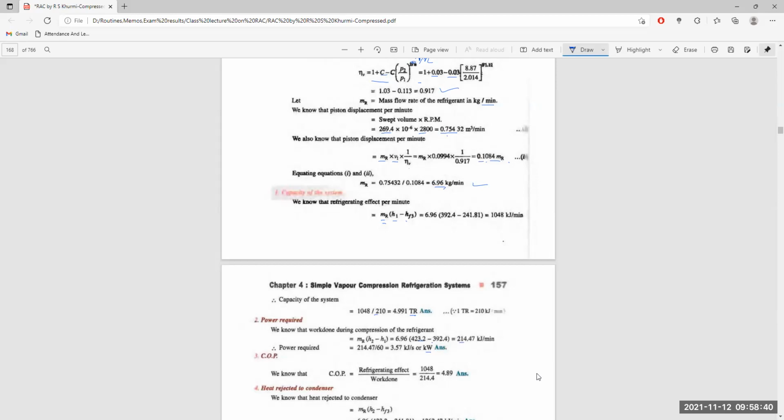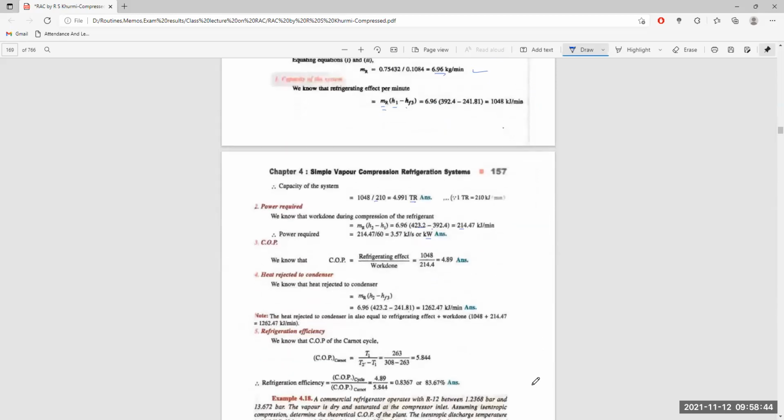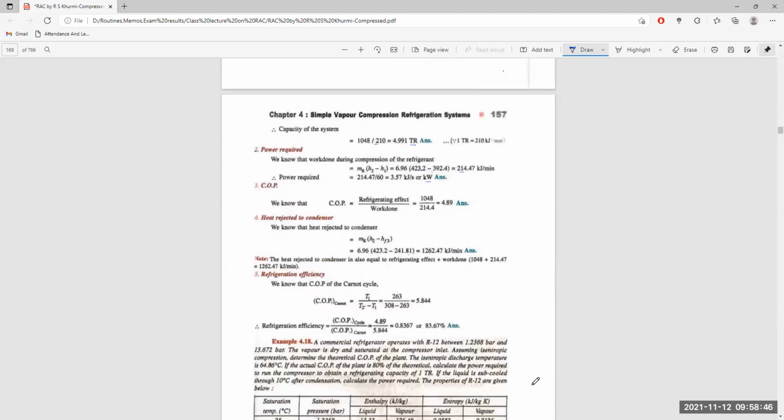COP is simple: refrigerating effect divided by work done. Both you have calculated. Just put these two here and get the ratio, 4.89.